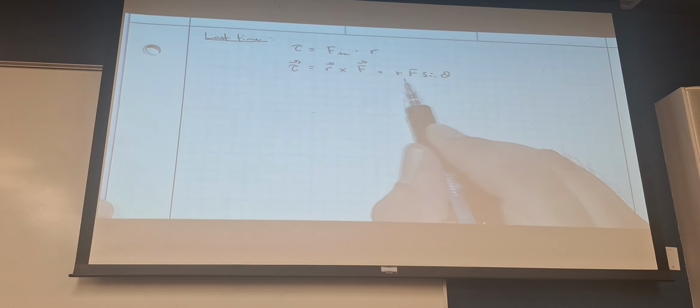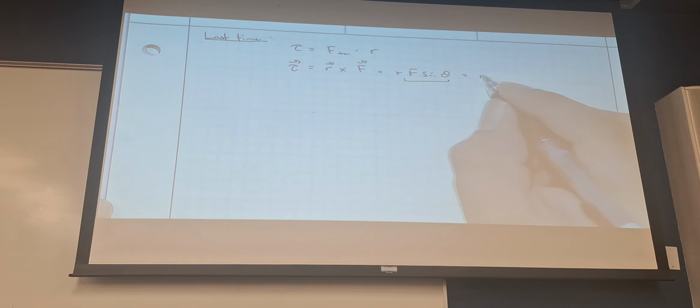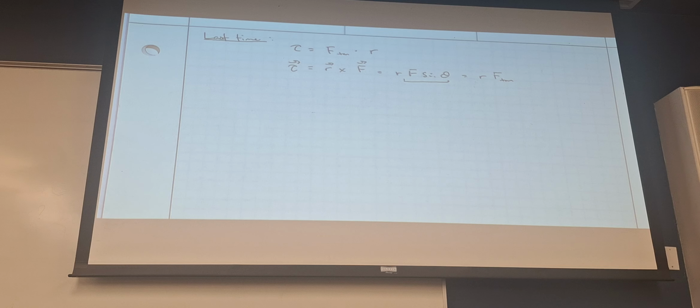But if you just look at this piece here, this is just R times F. Okay? So we went over that, and it is important, we're going to go through and derive some more things. It's important to know that these two properties are very, very different.